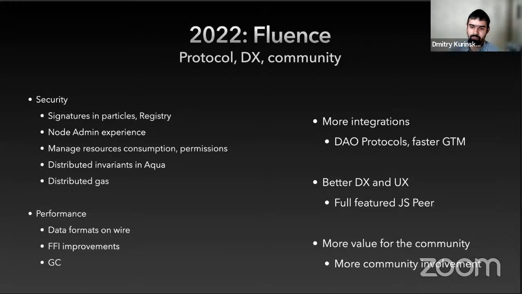We want to have a full-featured JavaScript peer with the ability to develop services fast in JavaScript or TypeScript, and if you need to scale it, rewrite it to Rust later and move it to WebAssembly later, but experiment in JavaScript. And we plan many improvements for developer experience and for user experience as well, because we want to deliver different front-end applications for different use cases and target audiences of the Fluence protocol.